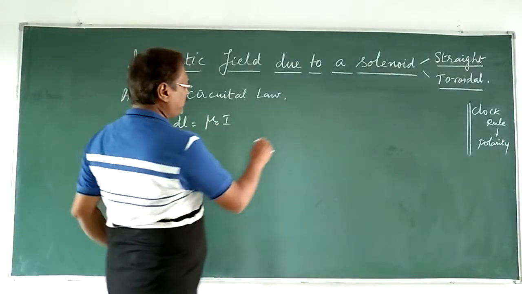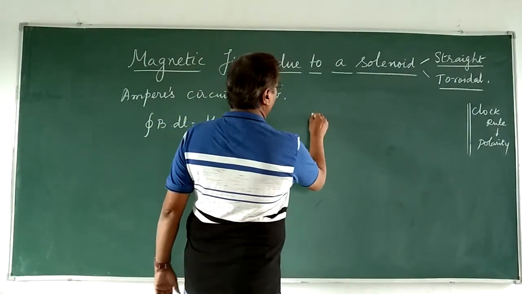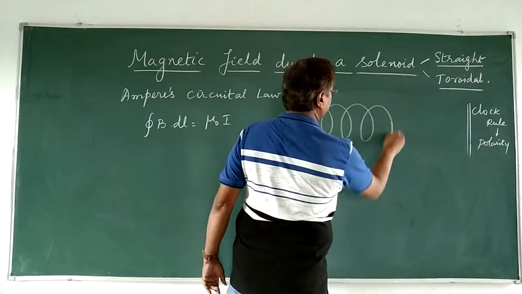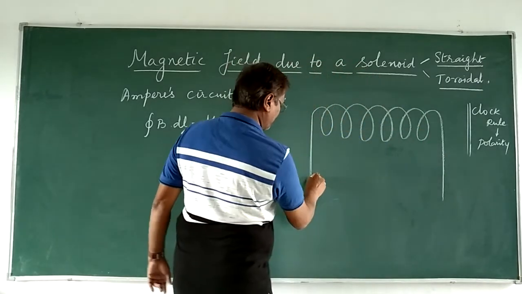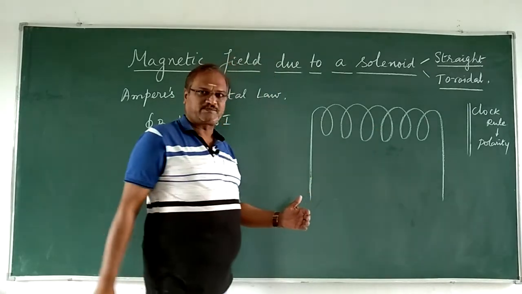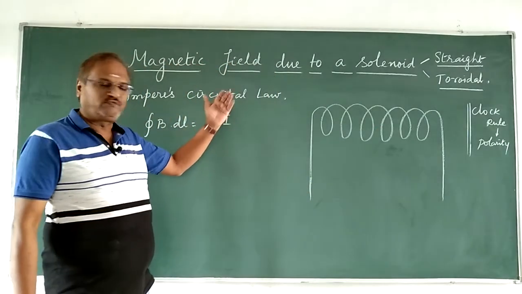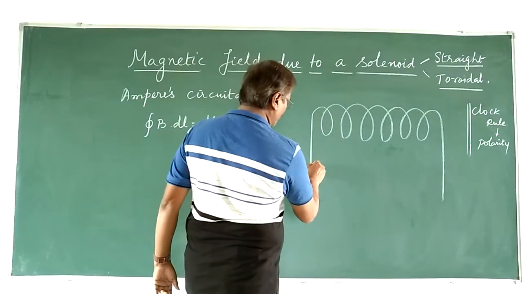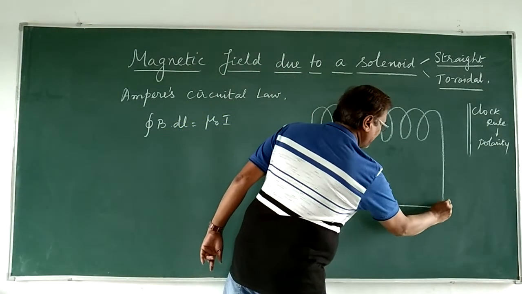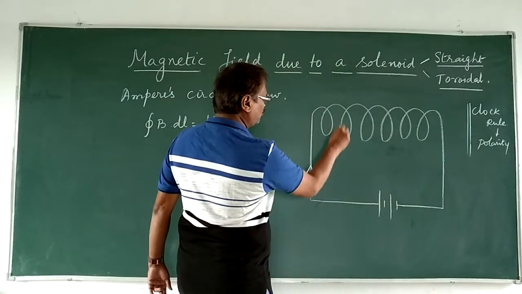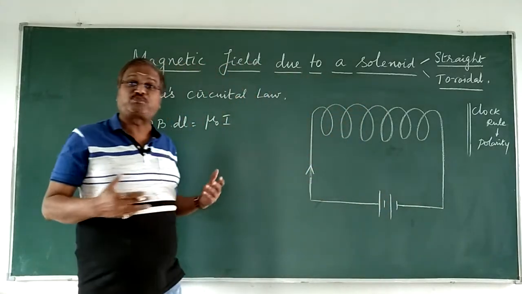Now see what I am going to do. I am going to draw a solenoid. You see circular loops are there and it is in a cylindrical form. This is a solenoid. When current is allowed to flow through, let me connect it to a battery. Fine. Current is allowed to flow through, and a magnetic field is produced.